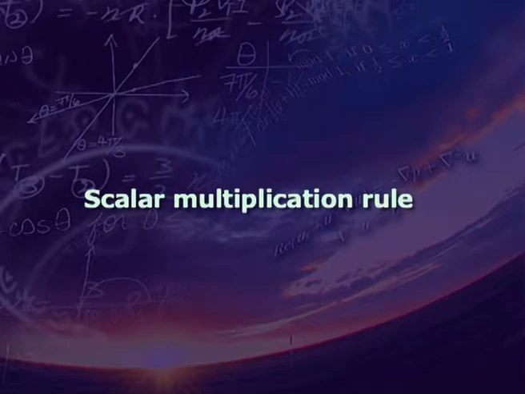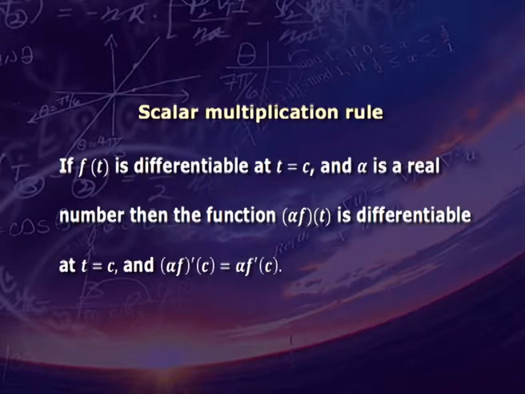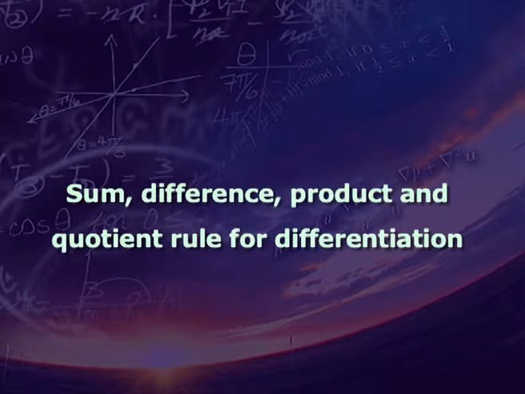Scalar multiplication rule: if f of t is differentiable at t equal to c and alpha is a real number, then the function alpha f of t is differentiable at t equal to c and (alpha f) dash c is equal to alpha into f dash c. Sum, difference, product and quotient rule for differentiation.